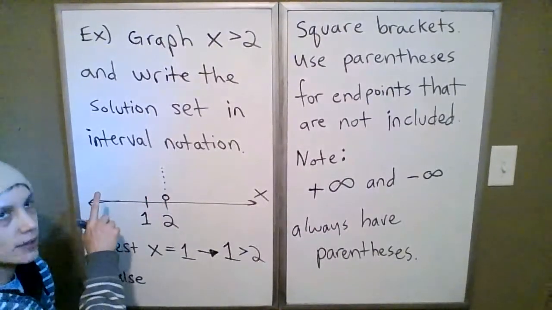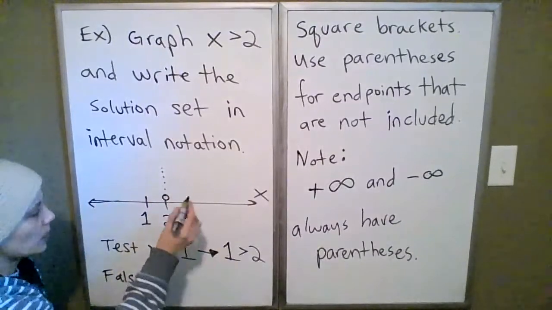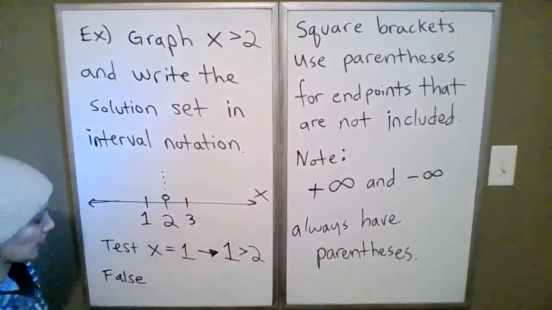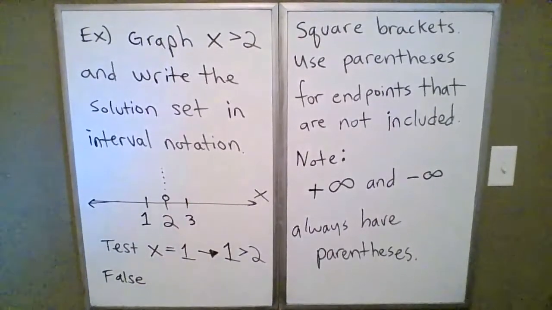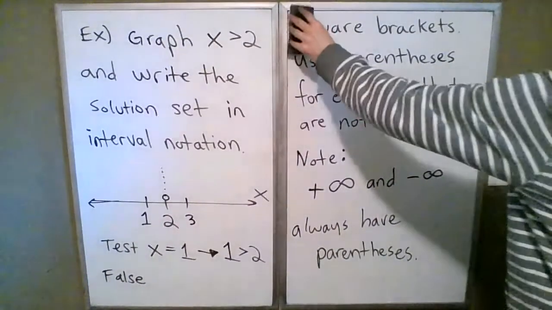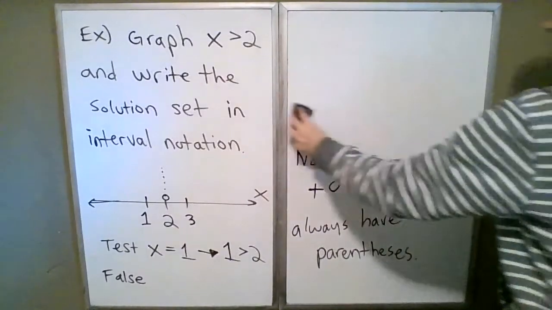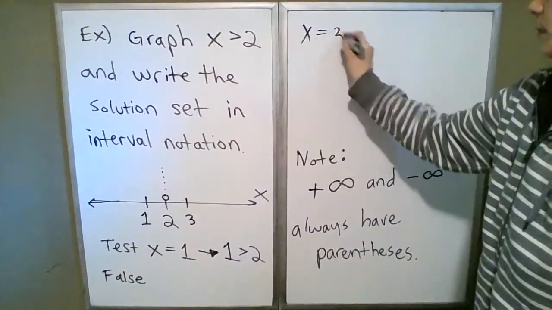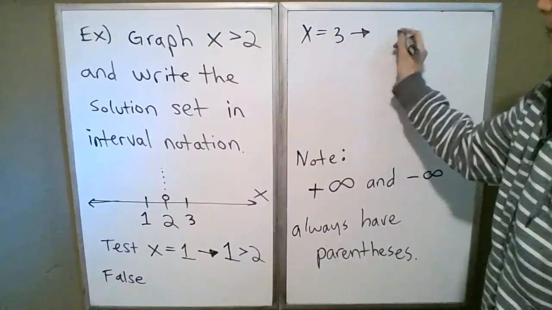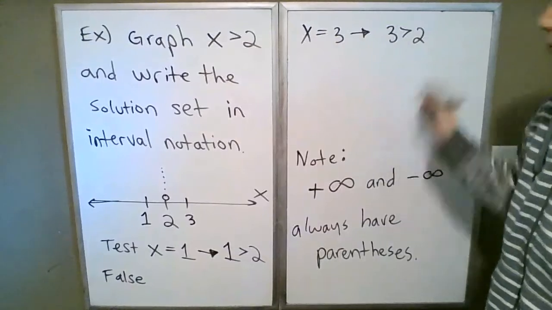Do not shade. A number greater than 2, like positive 3. Okay, 3 greater than 2, that's true.